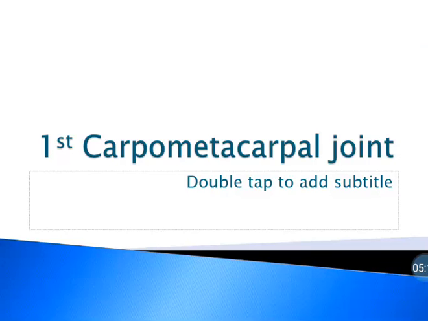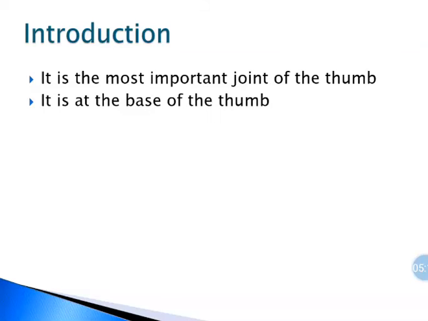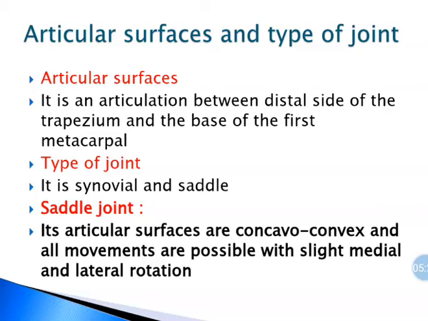Then we go to discuss the first carpo-metacarpal joint. It is the most important joint of the thumb, and this joint is at the base of the thumb. The articular surfaces of first carpo-metacarpal joint and its type.